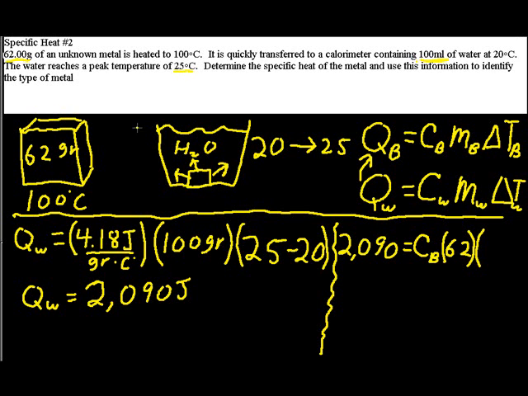So my initial temperature was 100, and my final temperature was 25. Now notice, the final is 25, the initial is 100. Now that's really significant because 25 minus 100 is a negative 75.